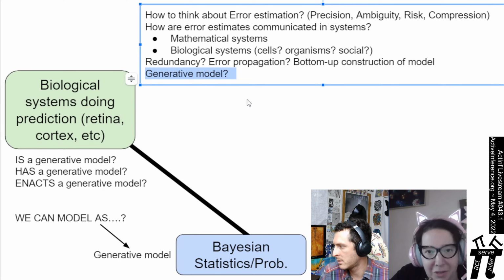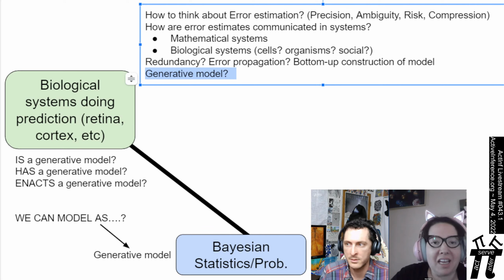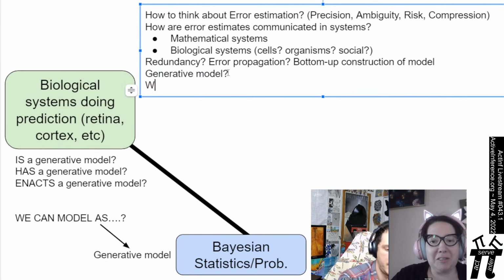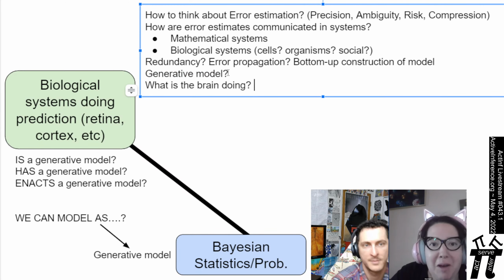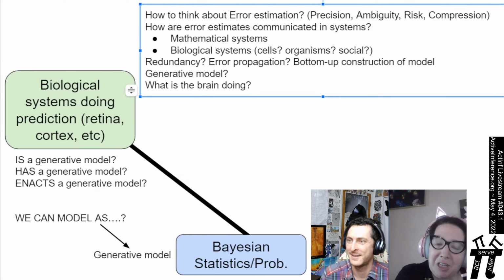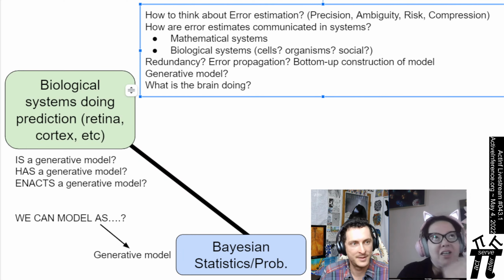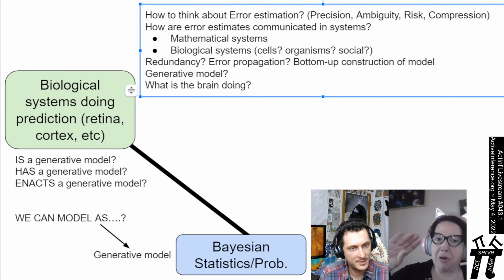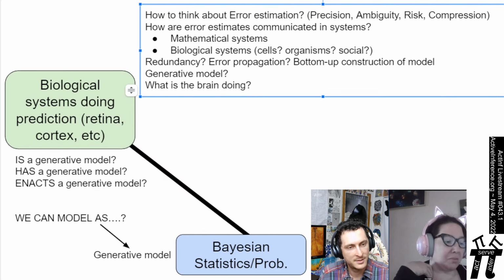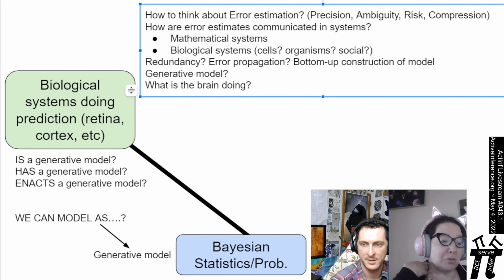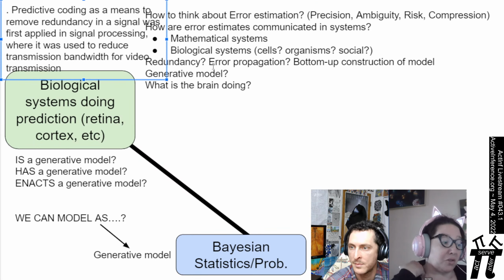Going back to predictive coding and also linking to what is the brain doing, really this is why I wanted to stop here. I found the spot in the paper, when we were talking about Kalman filtering and image processing and then error propagation in a system. They talk early in the paper about predictive coding as a means to remove redundancy, and applied it to signal processing to reduce transmission bandwidth for video.